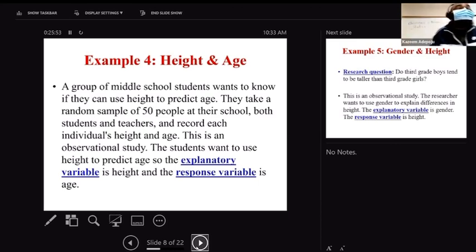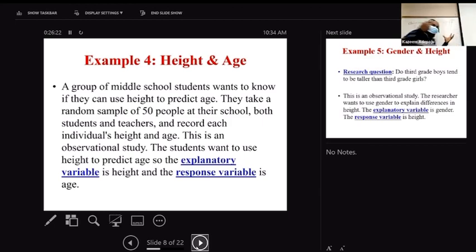That's an observational study. When you conduct a survey, that's an observational study. In an observational study, you observe. You don't impose conditions on the subjects. You don't control variables.